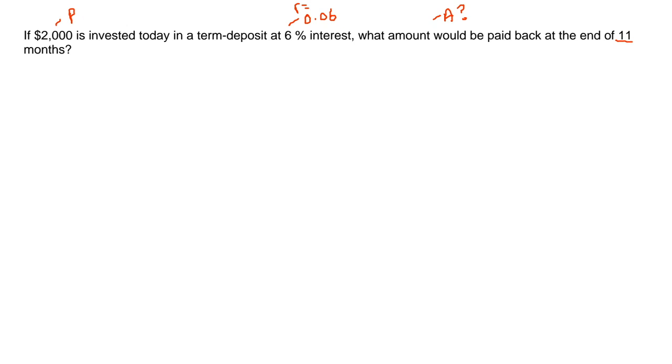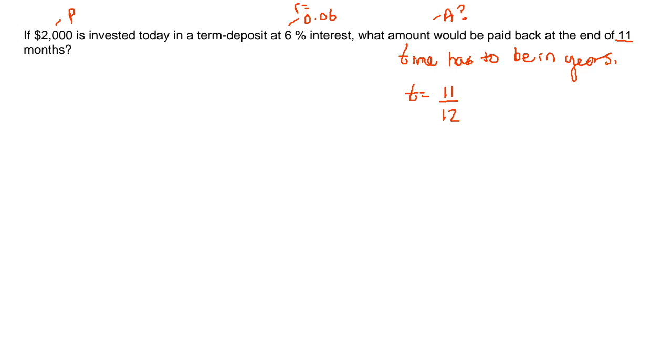So we actually need to convert that to years because time has to be in years. So how many months do I have in a year? 12, right? So if I take my 11 months, divide by 12, that will give me the time in years.